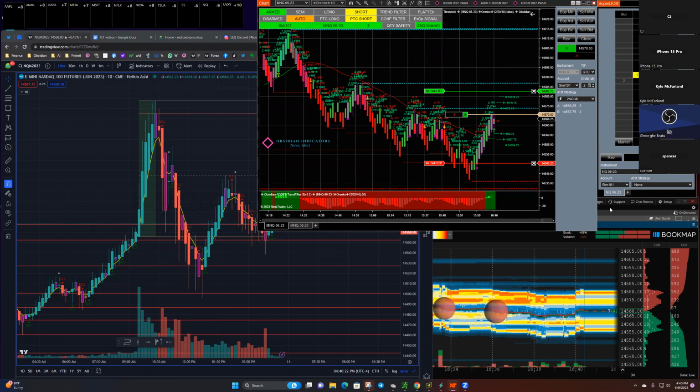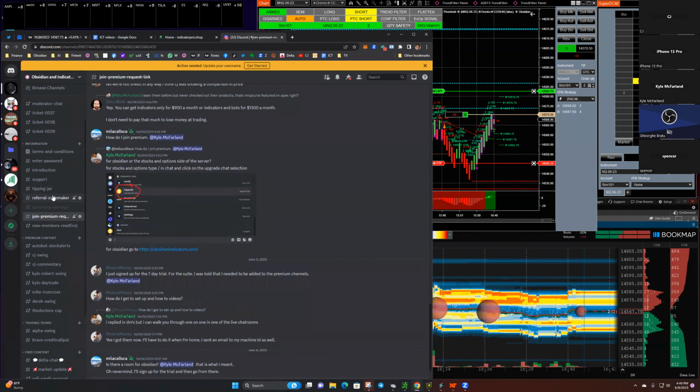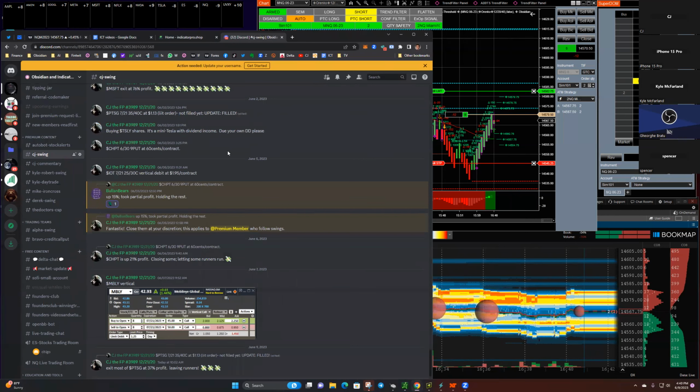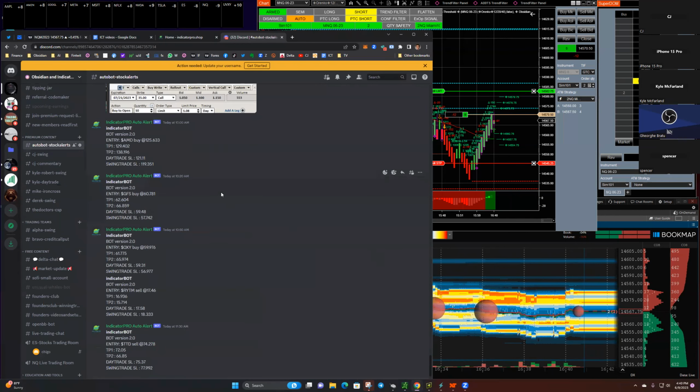And then the Obsidian trader. I let the trader go in whenever it finds a proper entry, because while it's not in, I am looking at other things. I'm looking at options. I'm looking at equities. I'm still calling out on the Discord the swings that I've posted here, as well as the Autobot that automatically comes.